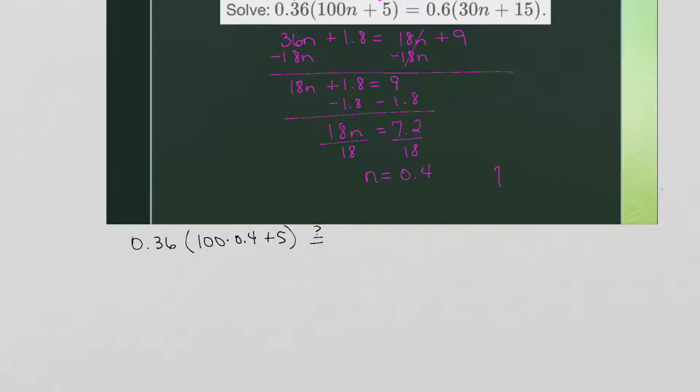Does that equal 0.6 times 30 times 0.4 plus 15? 100 times 0.4 is 40 plus 5. Does that equal 30 times 0.4 is 12?